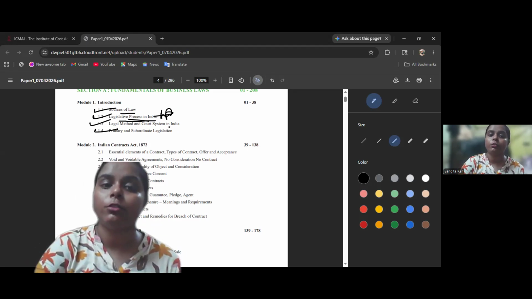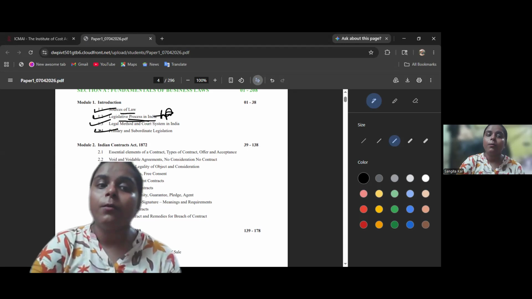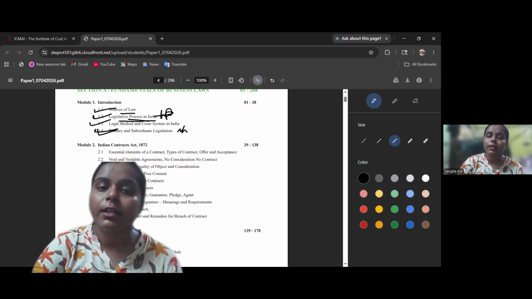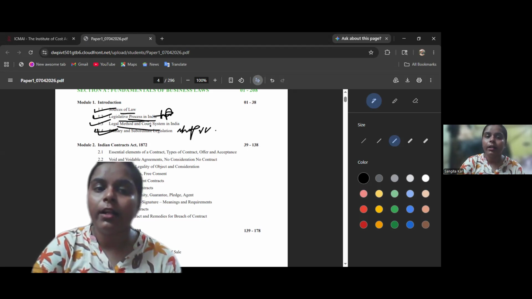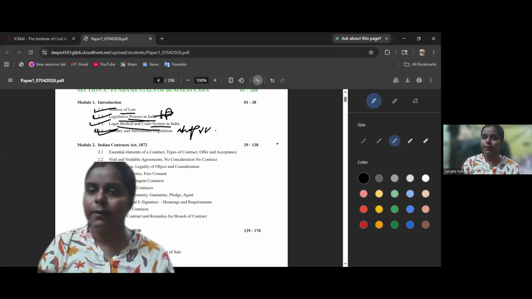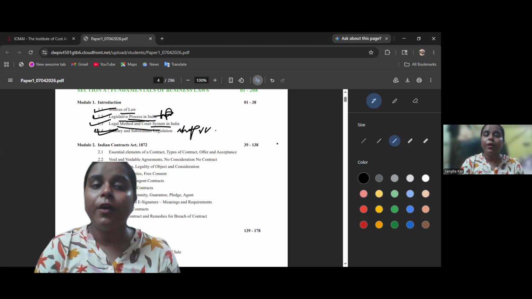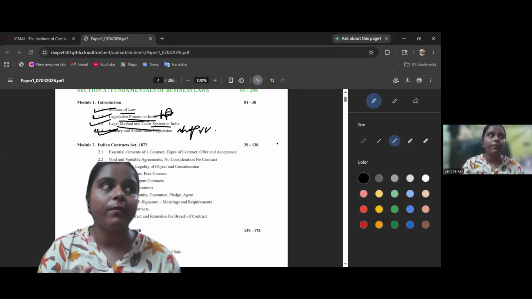Legal method and court system in India, read lightly but understand it. You have to understand those points carefully.